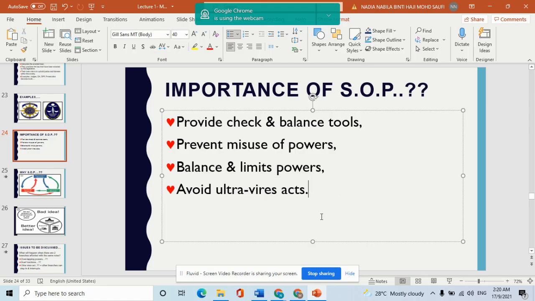Fourth, avoid ultra vires acts. What are ultra vires acts? They are actions which are not in accordance with whatever is supposed to be. As an example, as a police officer, you would have to arrest people with reasonable suspicion. However, how do you prove reasonable suspicion in certain cases?